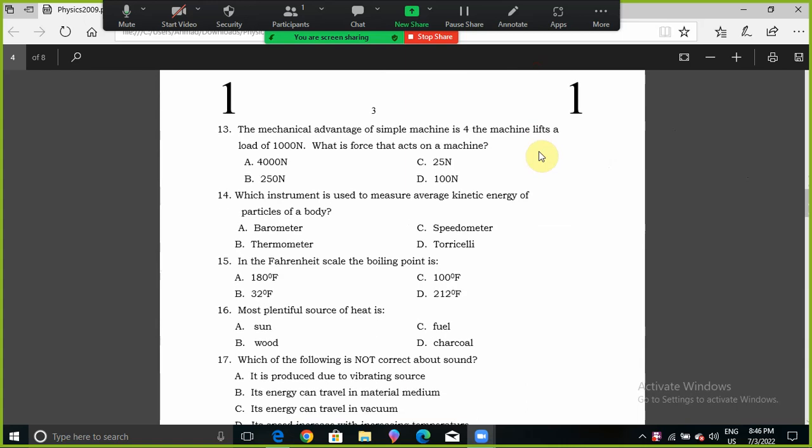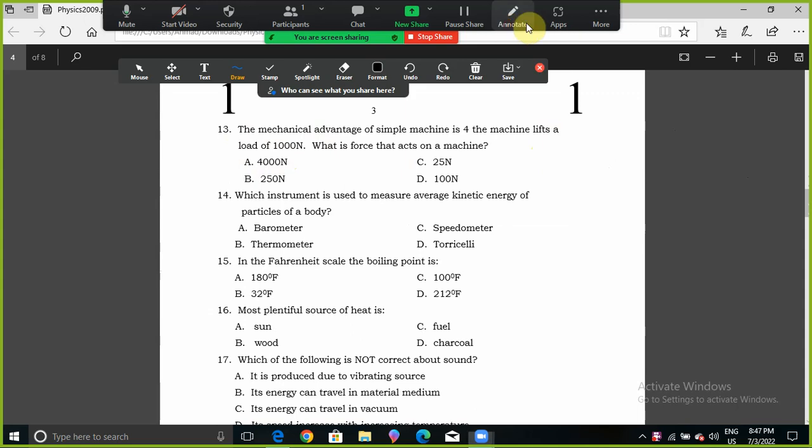Question number 13, it says the mechanical advantage of a simple machine is 4, and the machine lifts a load which is 1000 Newton. What is the force that acts on the machine? Okay, now what we have, the given, which is mechanical advantage is equal to 4, load we have 1000 Newton, and effort that we don't know. That means the required is effort.